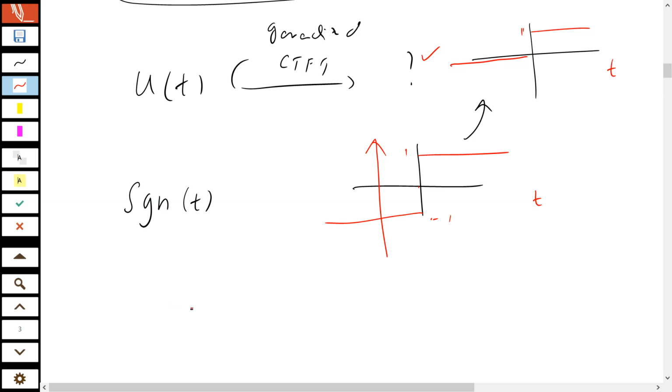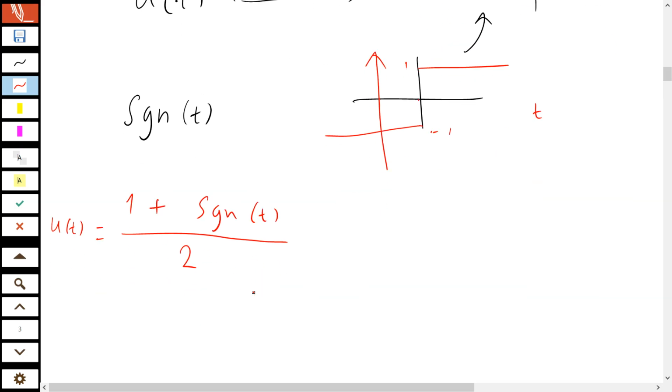So I say, okay, I will start with signum of t. I will translate it vertically, right? And then divide everything by 2. So that will give me u of t. This formula will have one problem, right? Normally this should give me the correct answer, 1 here and 0 here.